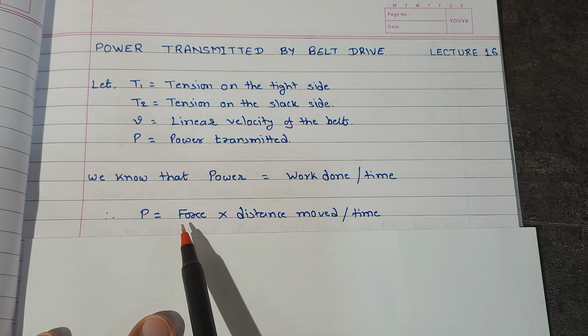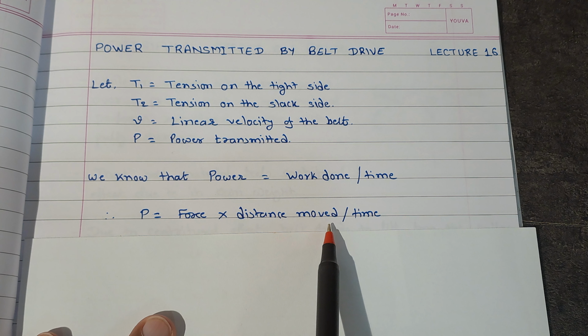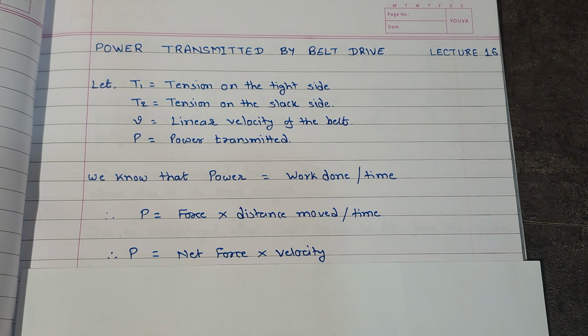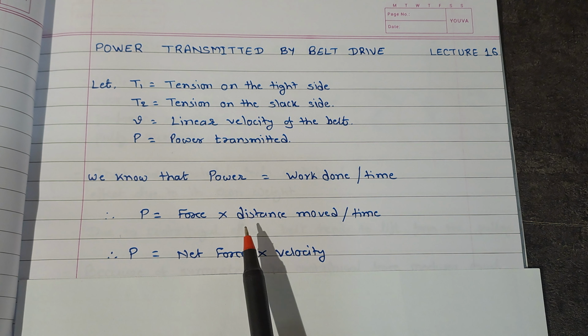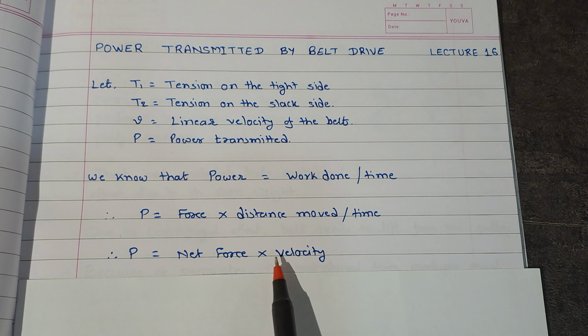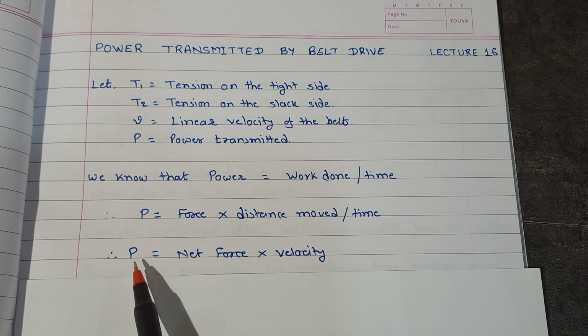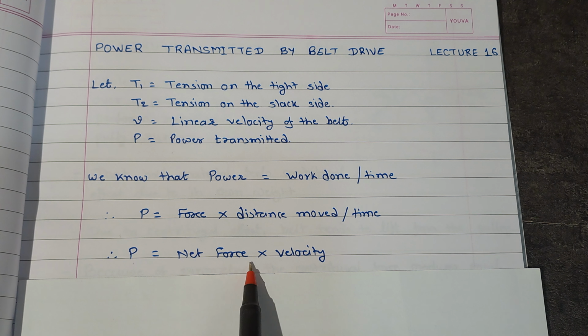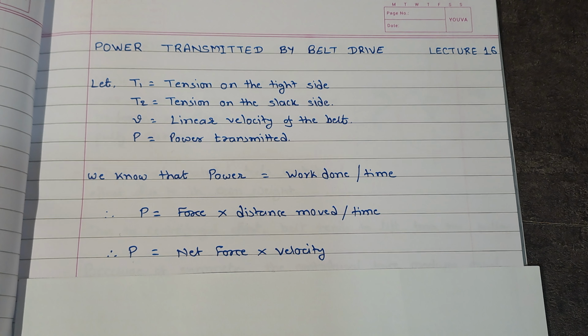So power is force into distance moved divided by time, and as it is known to us, distance moved per unit time is nothing but velocity. So the equation modifies to this form: the power transmitted P is equal to net force into velocity. How much force is acting and what is the velocity?